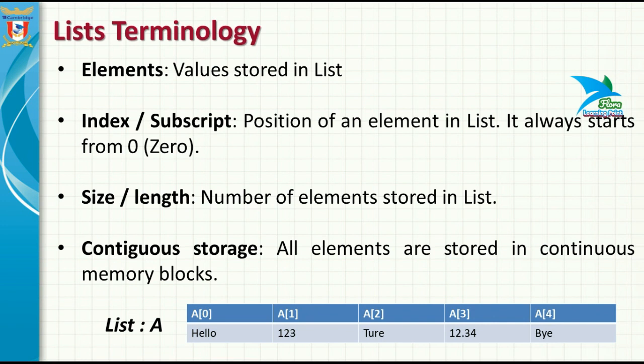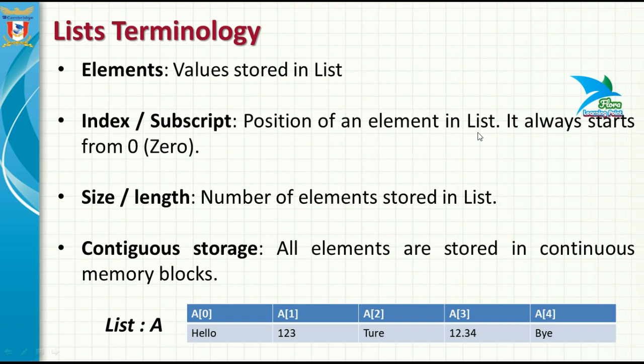Next we'll discuss some terms related to lists. The first term is element. An element in a list means any value stored in a list. If you assign a value to a variable, that is known as a value only, but if you assign values to a list, then those values are known as elements. The next term is index or subscript.